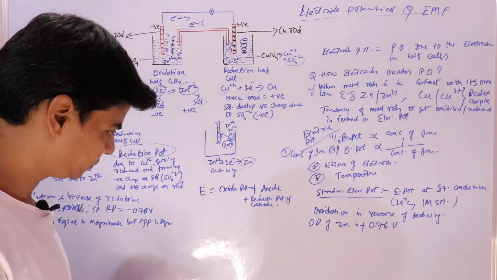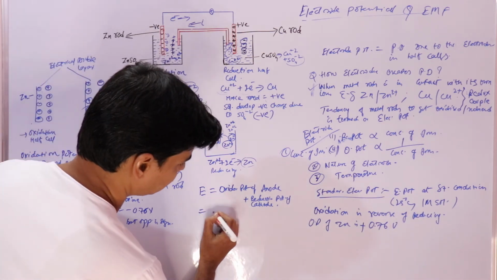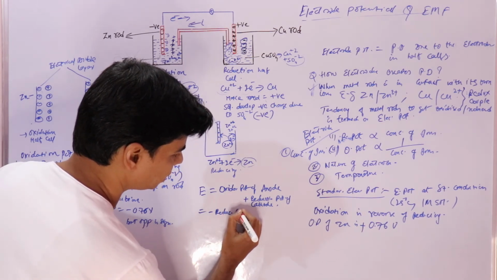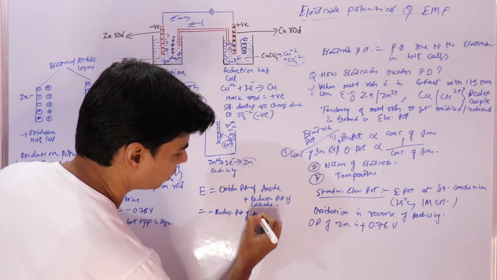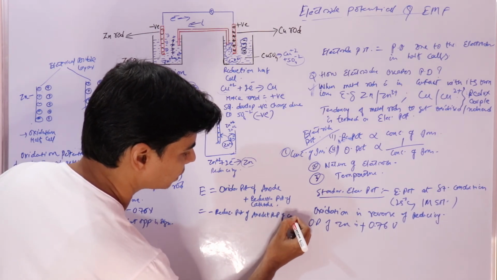So we can write this oxidation potential of anode as minus reduction potential of anode, right, plus reduction potential of cathode.